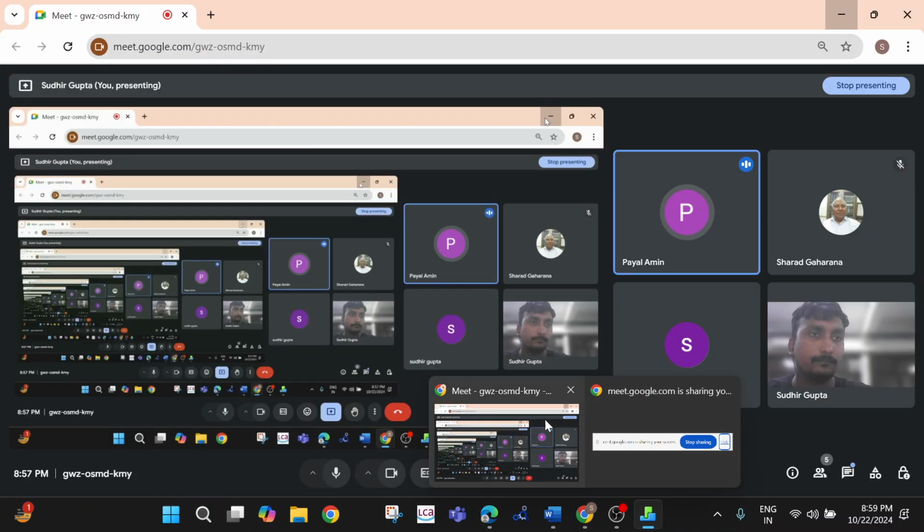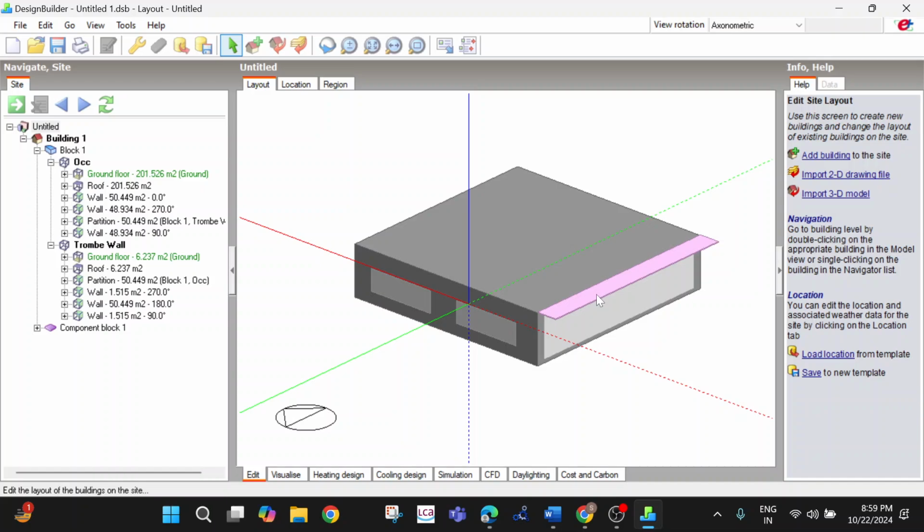What I understand is that with the loading of the proposed case, the base case will be automatically created by DesignBuilder. The question was related to the report, so the related report will be generated by this software, which we can give for certification also.